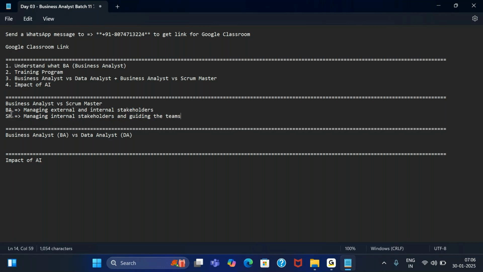So that's the primary difference. Now, a BA may not interact as frequently as a Scrum Master does with the leadership, but a BA will be talking to external stakeholders like clients from whom we are going to get our requirements, as well as internal stakeholders like the team members who will be responsible for designing and developing the software.